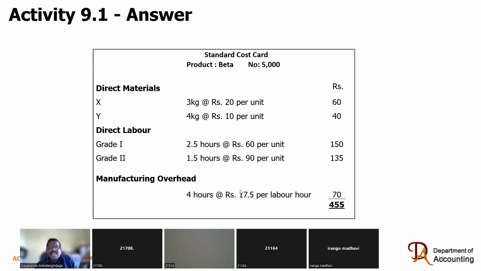So thereby this absorption rate may reduce. So remember, we have done this estimate for 5,000 units. I think with that, so very simple.